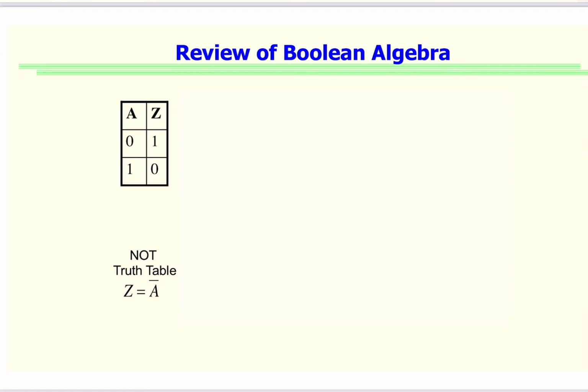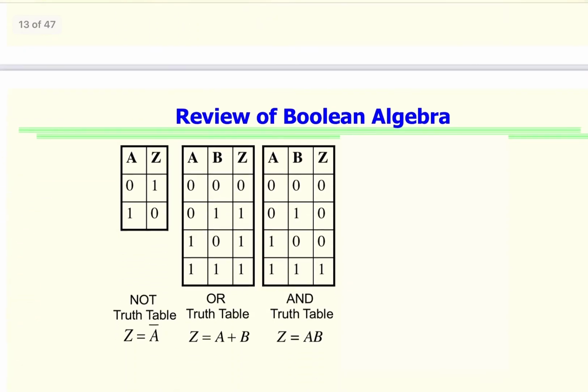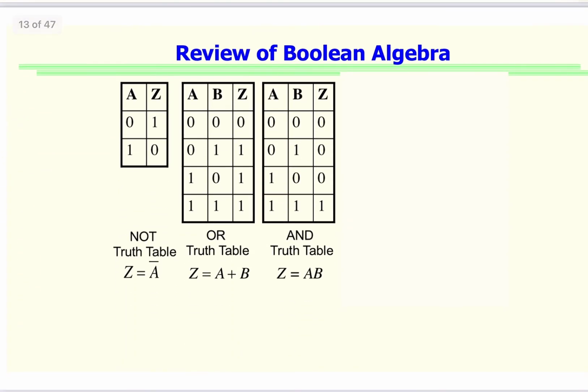So inverter is just, inverter of 0 is 1, and inverter of 1 is 0. And in a similar way, OR and AND is what we just saw. And now this is a separate truth table for OR and AND.